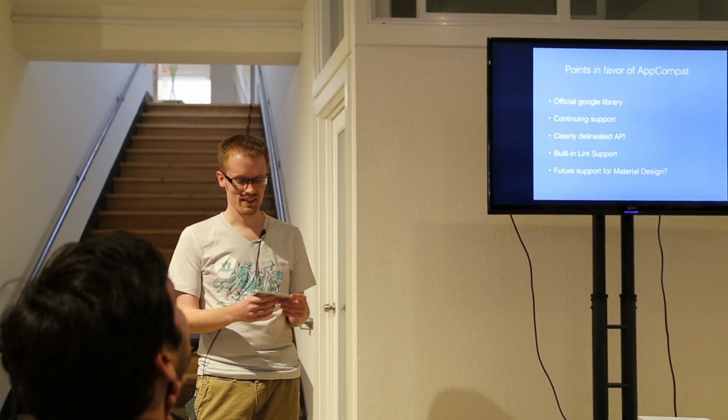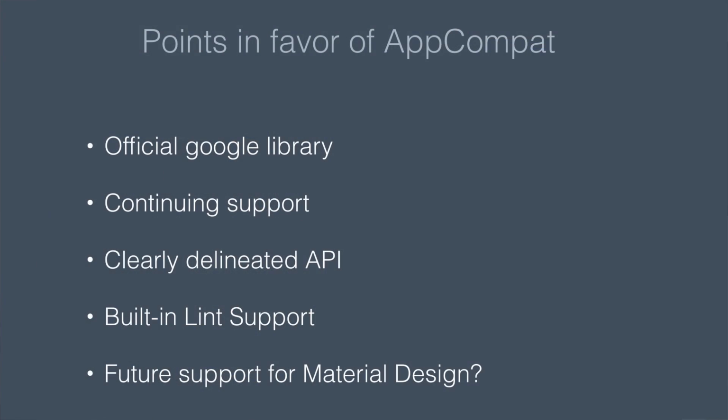So we looked at the various pros and cons of each. For AppCompat, obviously it's an official Google library, and it will continue to get support from them. So that was definitely a plus.